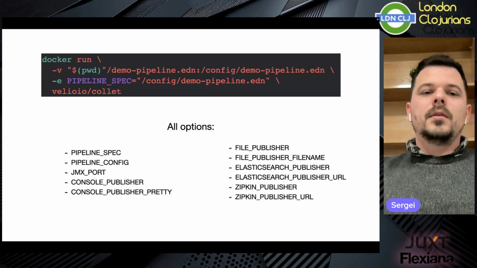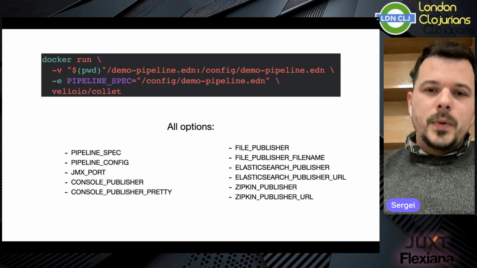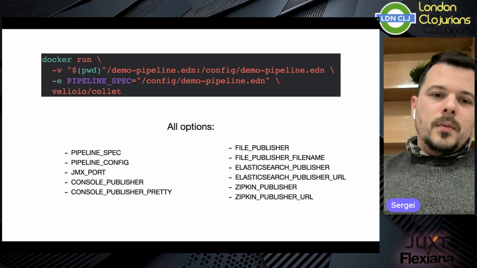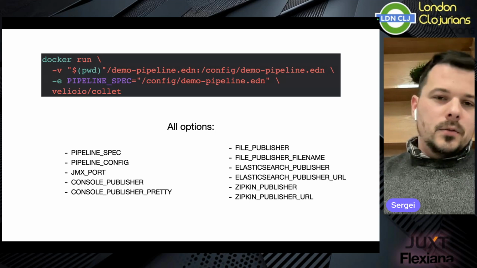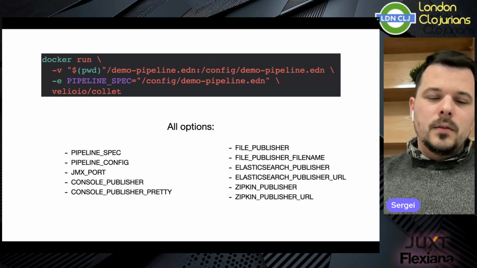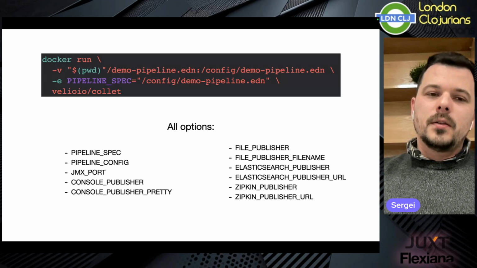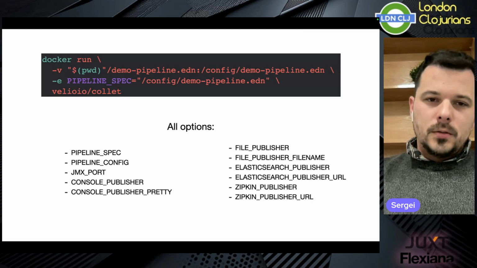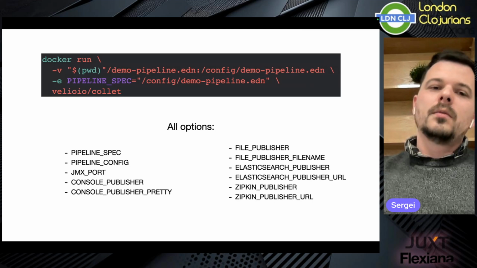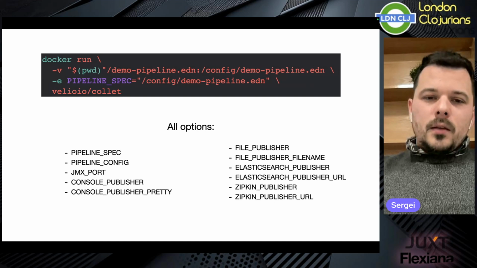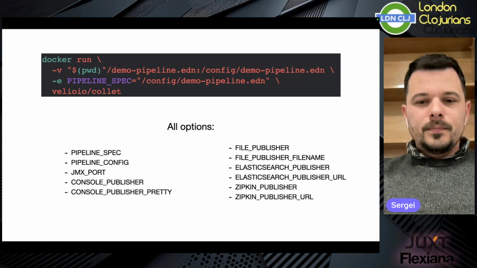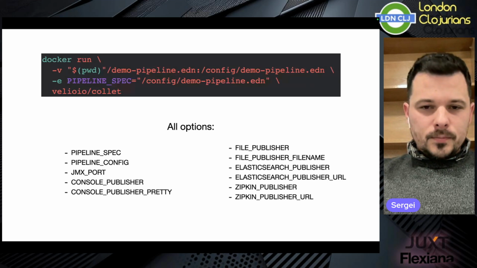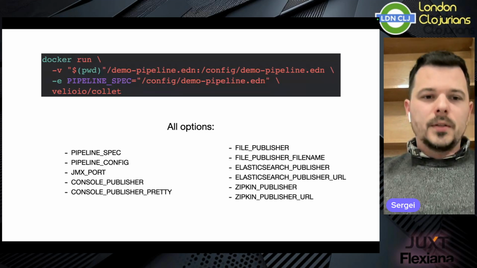You need to provide the environment variable PIPELINE_SPEC, which will refer to the pipeline specification EDN file. Again, it could be a local file system file, it could be an S3 file, and it could be just a raw EDN data structure. And below, I listed all possible configuration values for the Docker container.